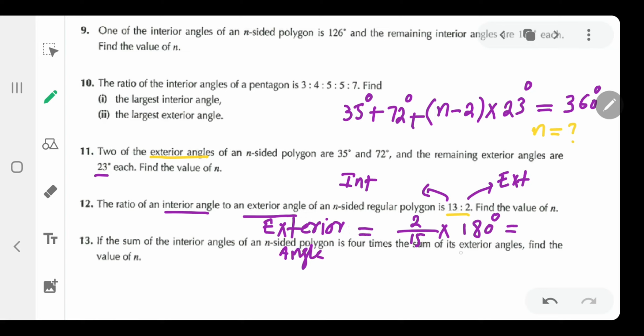My exterior angle is 2 divided by 15 multiplied by 180, which is equal to 24 degrees. Because this is a regular polygon, 24 degrees is the exterior angle.